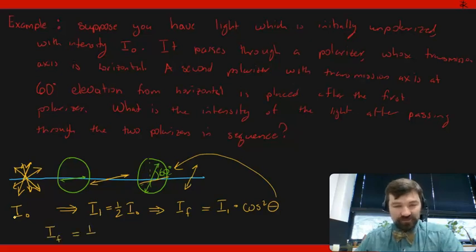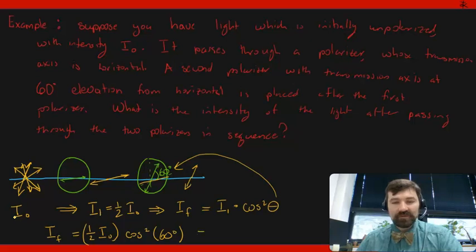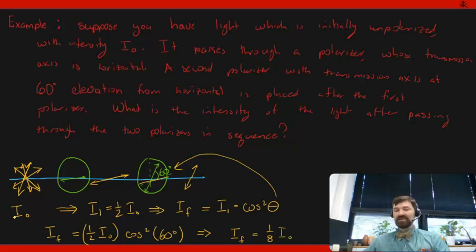I final therefore is 1/2 of I0, so that takes care of this term, times the cosine squared of 60 degrees. Okay, and if you put all that into your calculator and you make sure you're in degree mode, this will give you that the final intensity, I final, is 1/8 of the initial intensity, I0, after passing through these two polarizers.